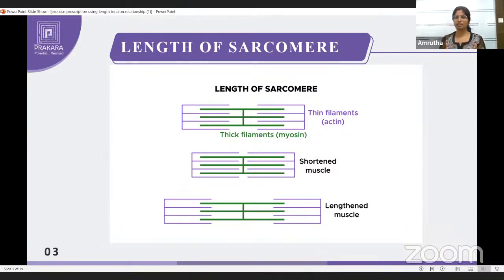Whenever they are in the resting phase, the distance between two Z discs is this much. Now, if I do a shrug, if I do this particular movement, then it goes for concentric contraction. That means two edges of the muscle are trying to come closer.